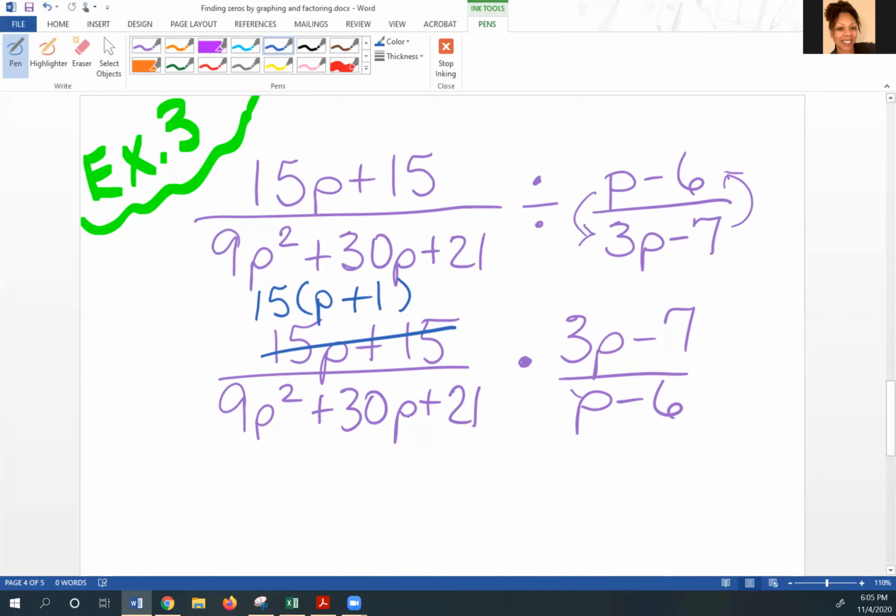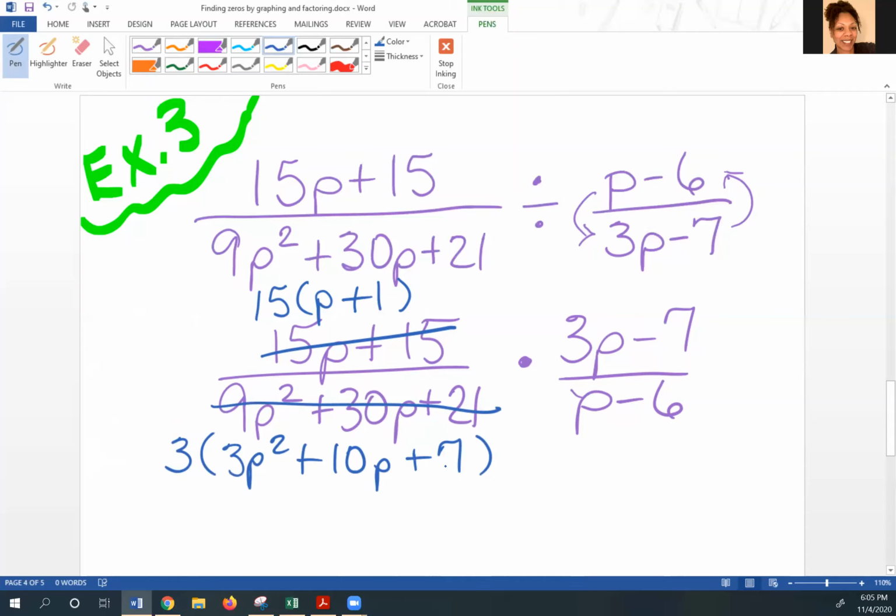Chances are that's going to be one of these factors, but I know I can divide all three of these terms by 3, so let me just do that first. And then I'm left with 3p squared plus 10p plus 7. And again, if you multiply it out, you will end up right back where you started. Can't do anything with this p minus 6. These are already factored as far as I can factor it.